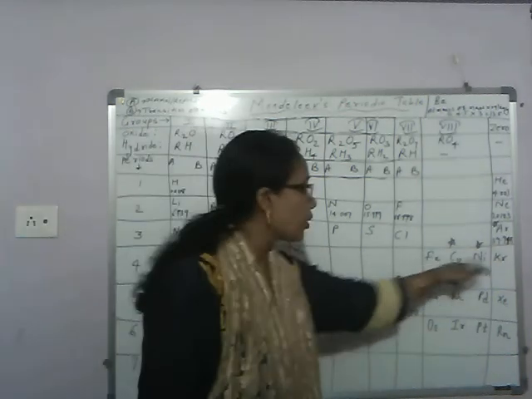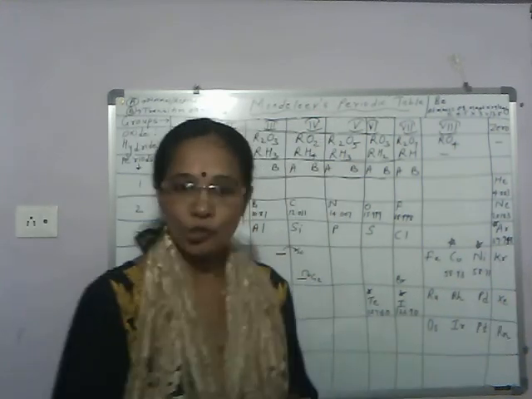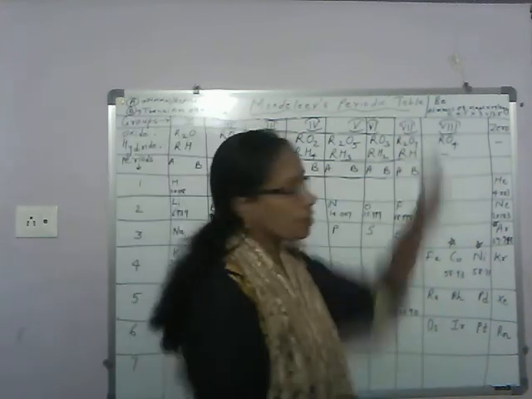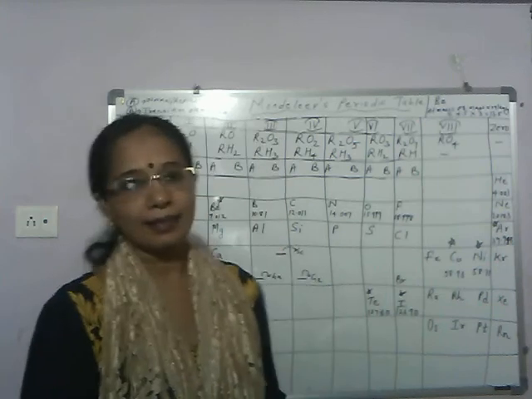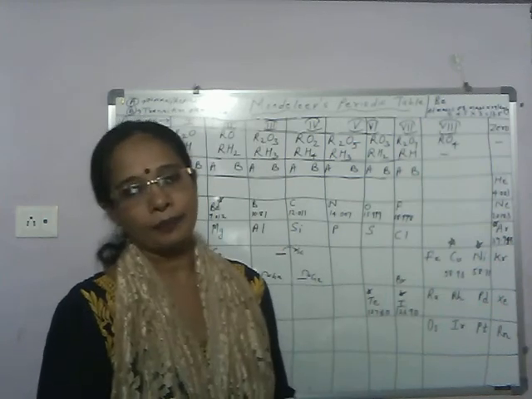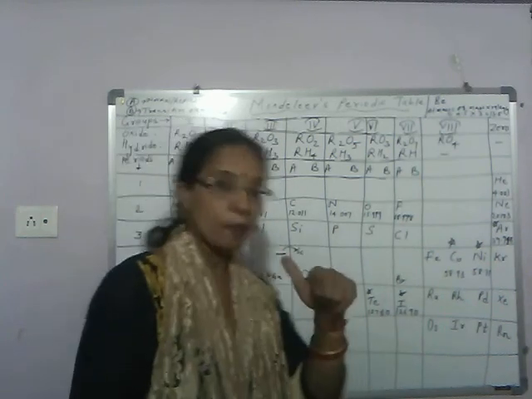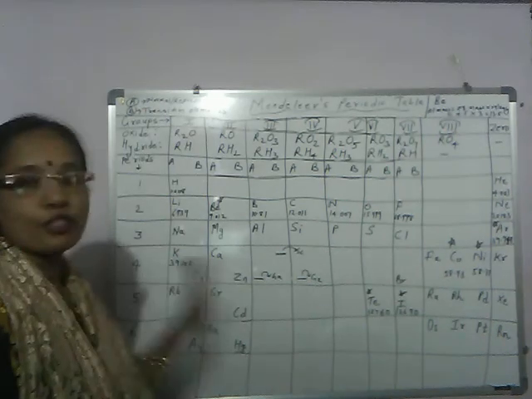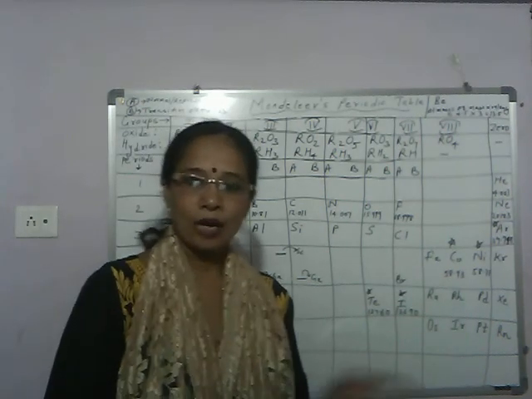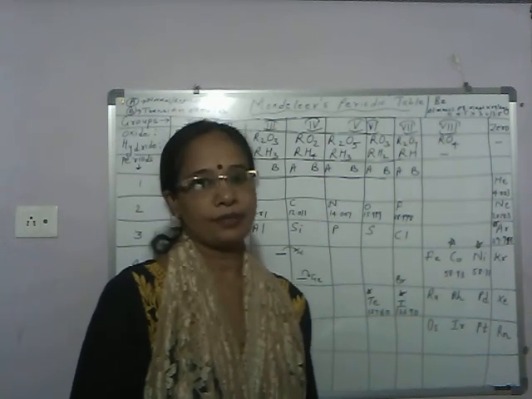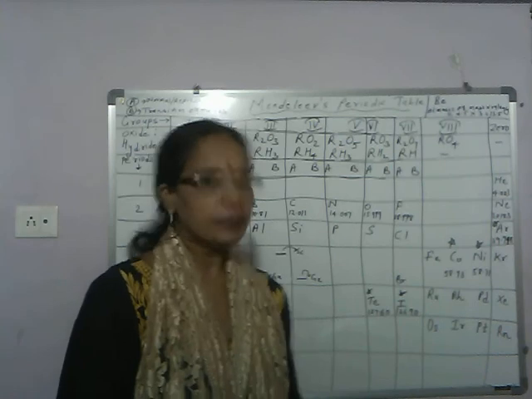Fourth period 3 elements, fifth period 3 elements, sixth period 3 elements. So in this way, in group 8 total how many elements are there? 9 elements, and they are placed in which period? 4th, 5th and 6th period, and these are also called transition elements. Clear?